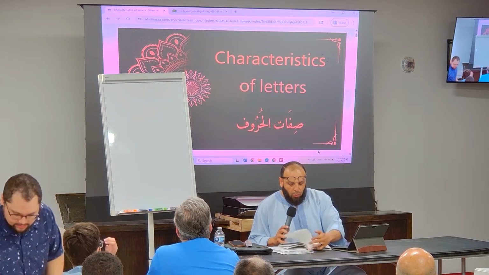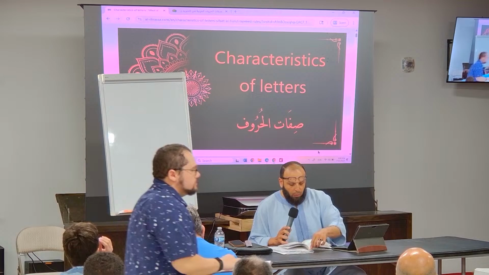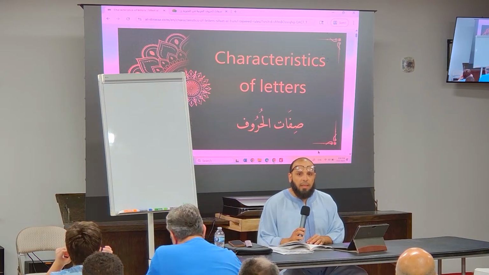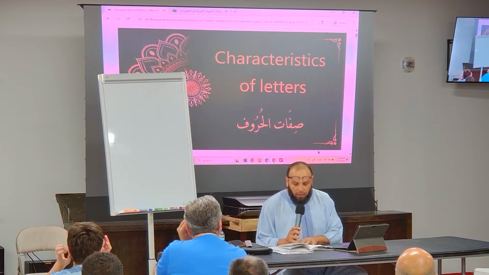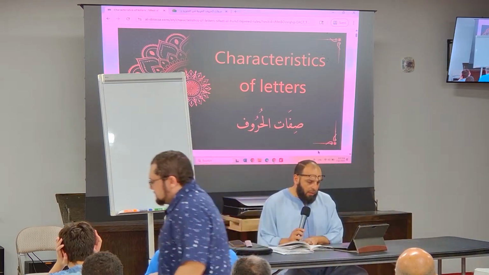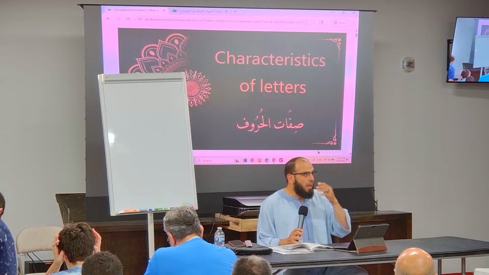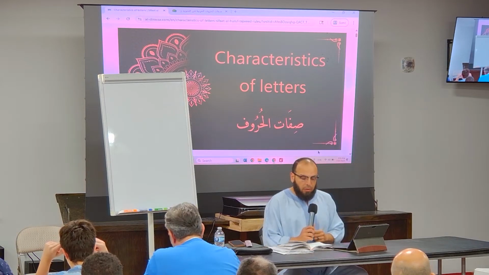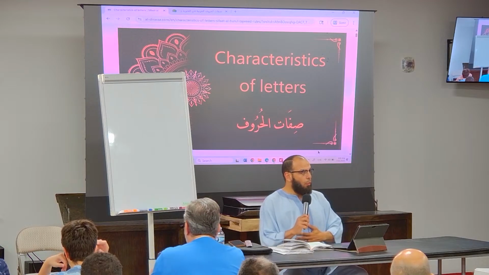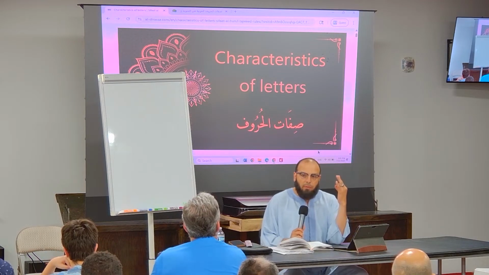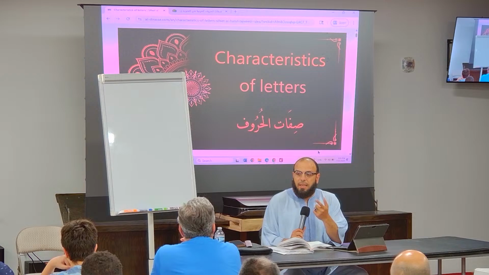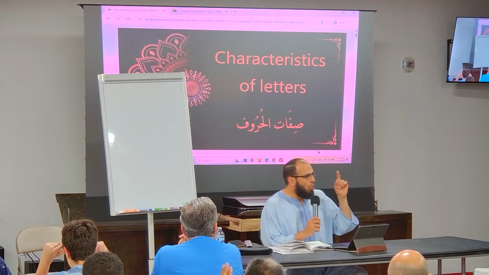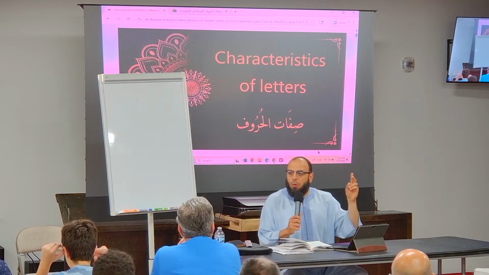How many total makhraj do we have of all the places of articulation of the letters? 17 total makhraj of all the letters. Out of these, we have 5 main makhraj. Coming from al-jawf down, 3 letters come from al-jawf, which are Huruf al-Madd al-Thalatha, the 3 letters of Madd: the long Alif, long Waw, long Ya.